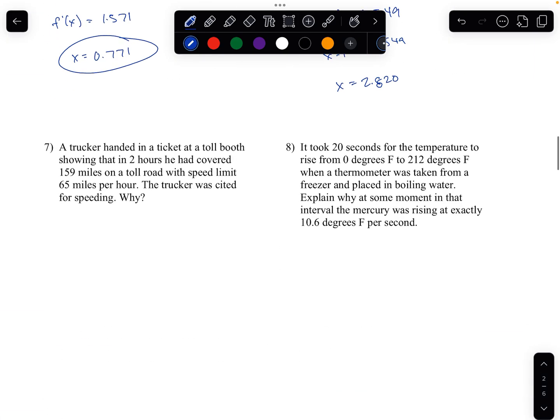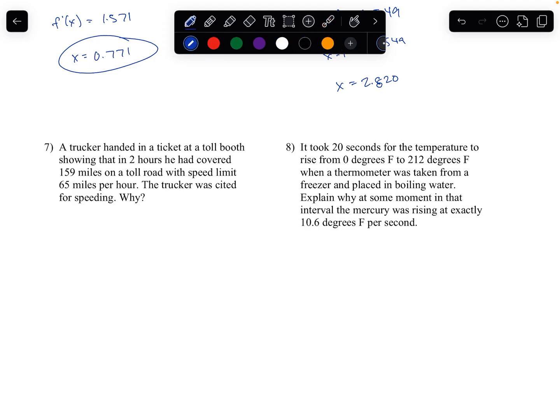For 7 and 8, a trucker handed in a ticket at a toll booth showing that in 2 hours he had covered 159 miles on a toll road with a speed limit of 65 miles per hour. The trucker was cited for speeding. Why? Here's a small application for the mean value theorem.